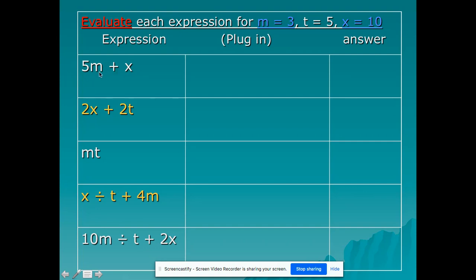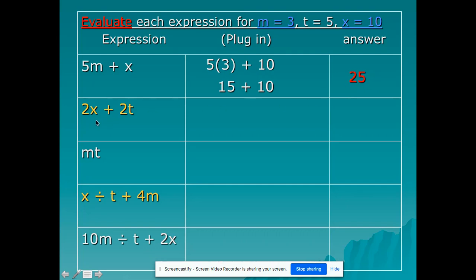We're going to substitute a 3 for the m, and a 10 for the x. When we plug them in, it should look like this. Our order of operations tells us to do multiplication before addition. So 5 times 3 is 15, plus 10 is 25. Our answer is 25.